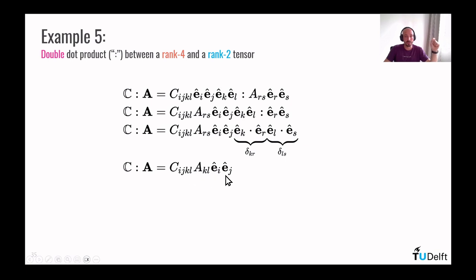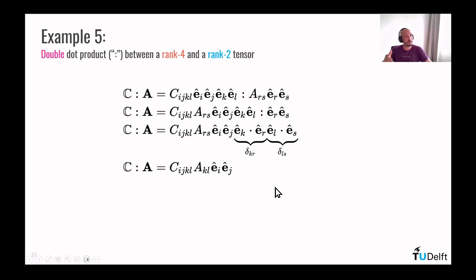So if I choose a value for I and a value for J, I have to perform summation for K from 1 to 3 and L from 1 to 3 for each. So this is a second order tensor or rank 2 tensor because this is a scalar associated to two directions. Therefore, the double dot product between a rank 4 and a rank 2 tensor is a rank 2 tensor.